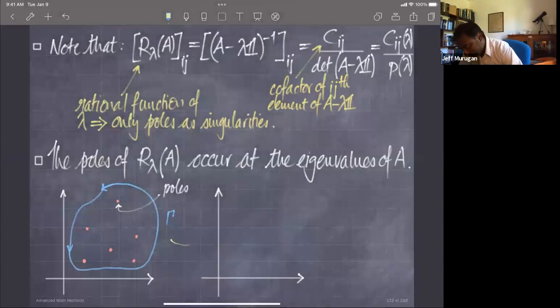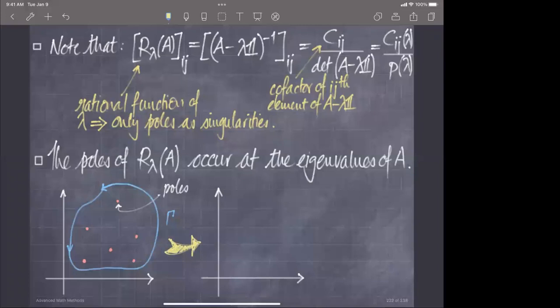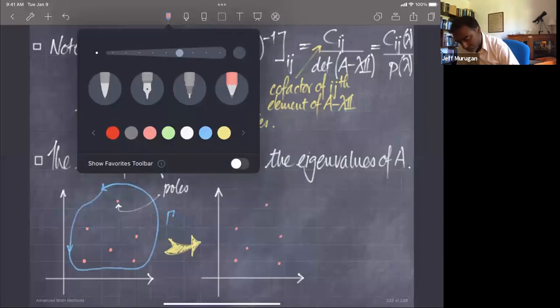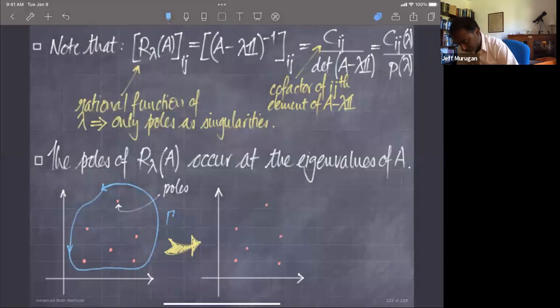The key point here is what I want to do next, which is I want to deform gamma to the following. I want to deform gamma such that I enclose each of these poles with its own little gamma circle centered on that pole.